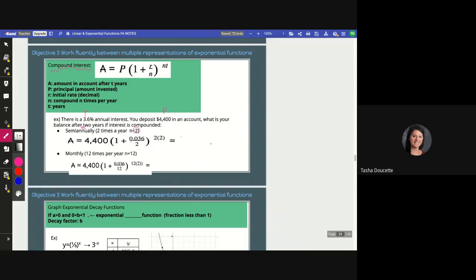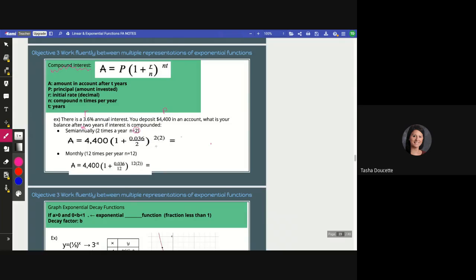So what I'm going to do now is take all of the variables that I just figured out and plug them into the equation. P is going to equal 4,400. Then we multiply that by 1 plus your rate, which as a decimal is 0.036, divided by your compounding, where n is equal to 2.